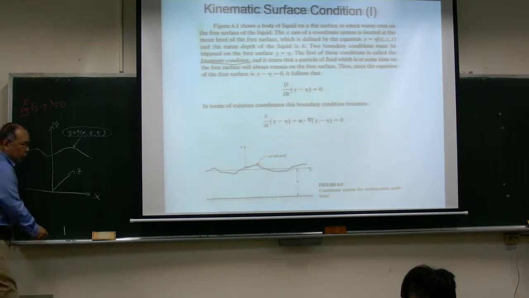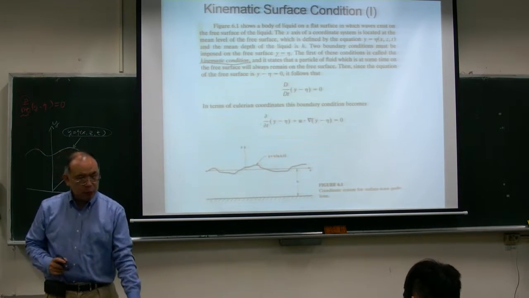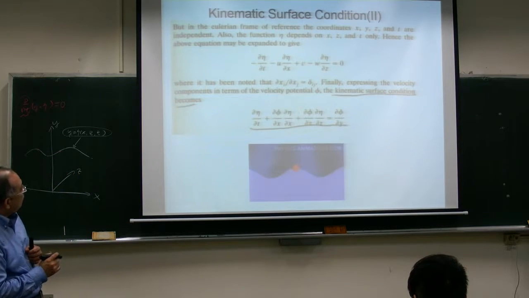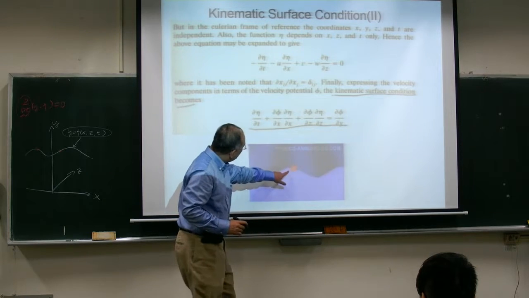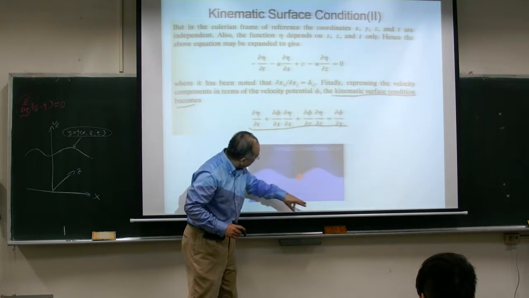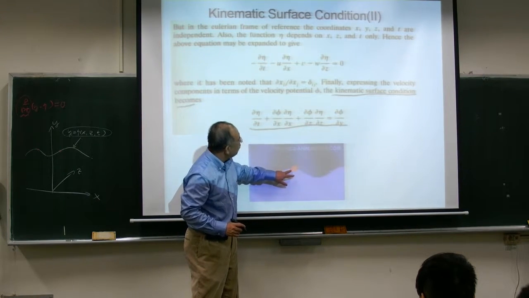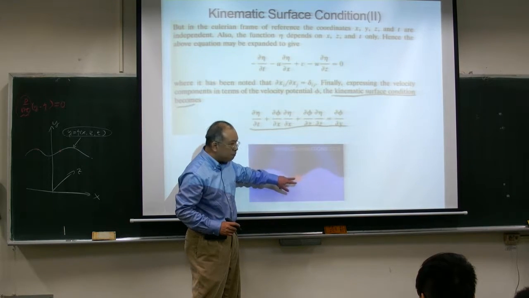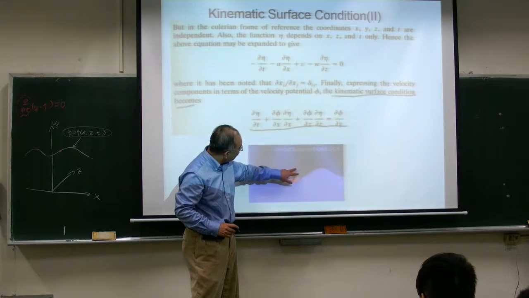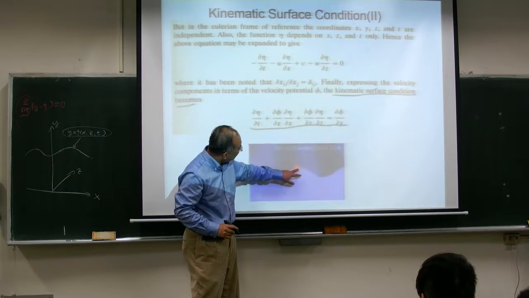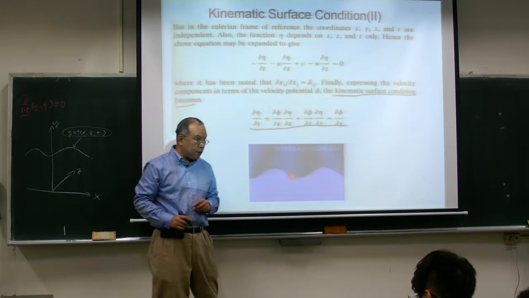I can show you clearly so you can understand. This is a fluid particle. Even though our surface wave is traveling, this fluid particle always stays on the surface. As you can see, it just moves in a circular motion, but it's always on the free surface.